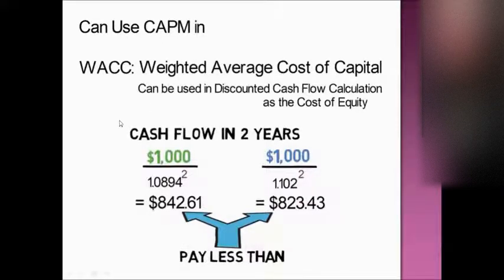Okay, so for example, we will be getting a cash flow of $1,000 for each company in 2 years. Expected natin na magkakaroon tayo ng 1,000 each. Applying the discount factor that we have computed a while ago.